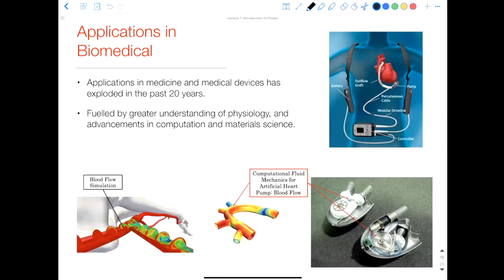Something that's gaining more and more traction as we improve our understanding of medicine, anatomy, physiology, and just our technology, our ability to produce materials that are biocompatible and make technologies a lot smaller, and with computational methods being able to simulate very difficult and complex systems, is fluid mechanics entering the biomedical field.